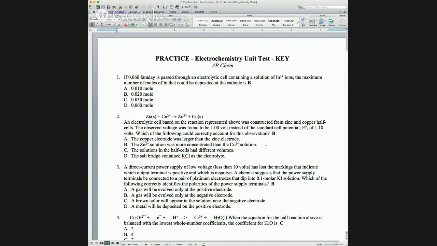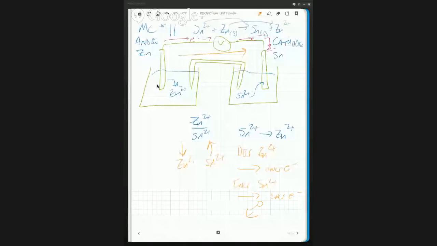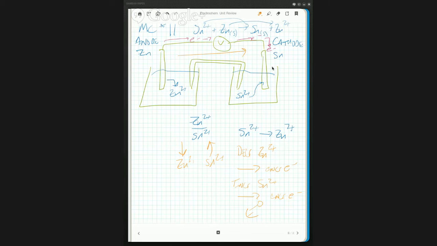You've got to look at your equation. Let me go back to it for a second. There we go. You've got to look at your cell, whatever you're dealing with, and if you want it to be more, then you've got to push it to the cathode side. You've got to push it to get a higher concentration, more moles of whatever that ion is that's going to go onto the cathode.